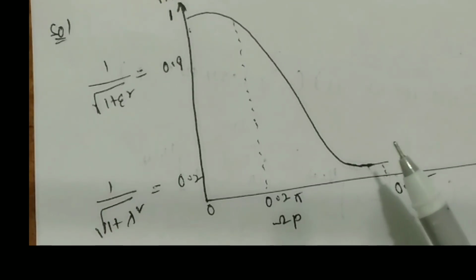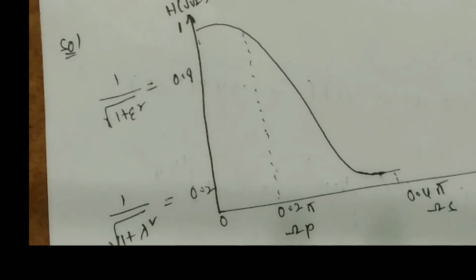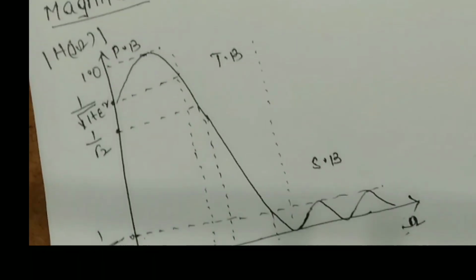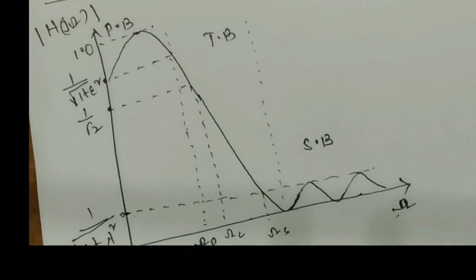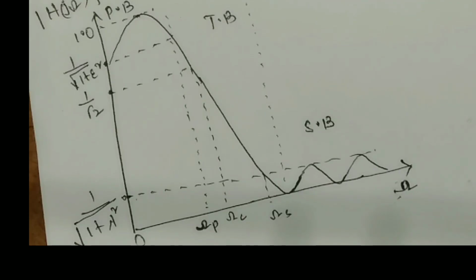See, in the previous lectures itself, I explained to you the basic magnitude response of the Butterworth low pass filter. Let me recall that. So this is the magnitude response of the Butterworth low pass filter. I explained this. So this is the higher order.